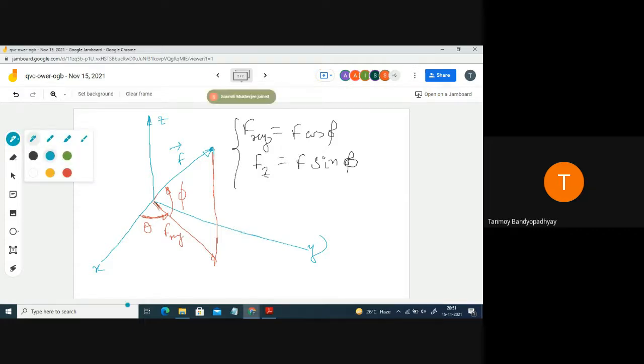I am drawing a single line and completing this parallelogram. This one is fx, this component is fx, this component is fy, and this component is fz.